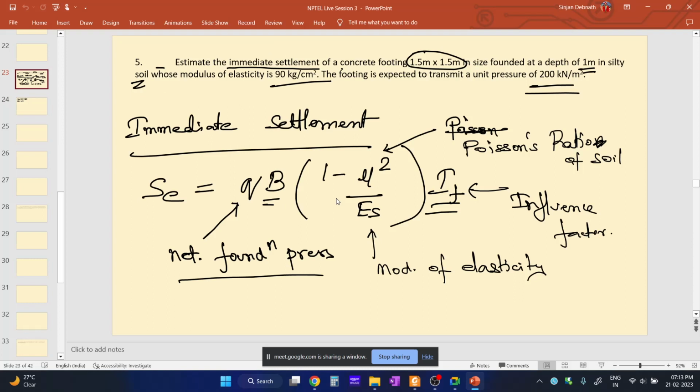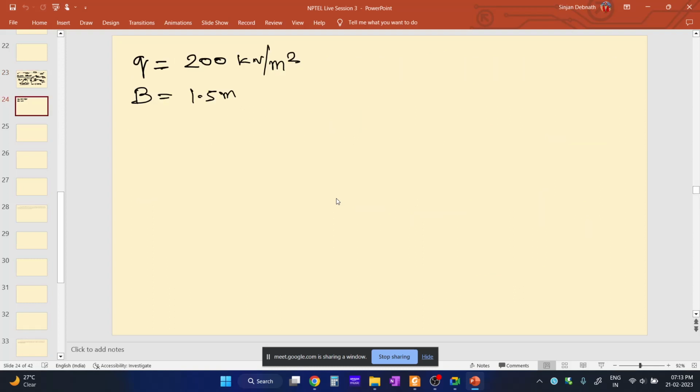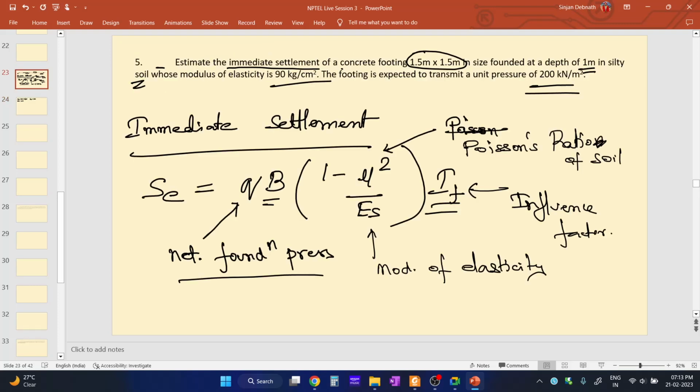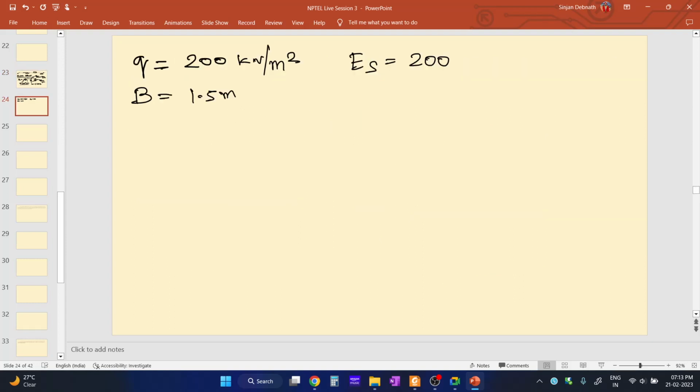So now what is ES? No, sorry. 200 is the net foundation pressure.